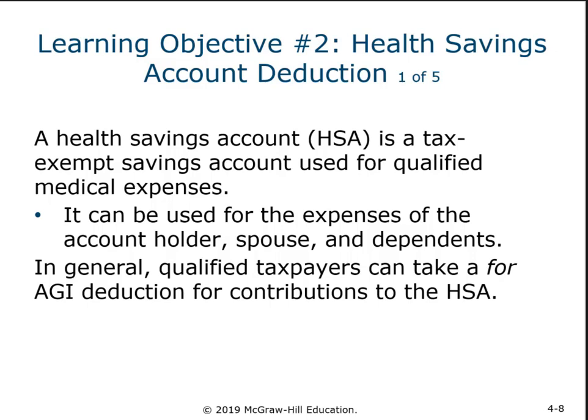And if you qualify, it has to be set up the correct way, it has to have a trustee, all that kind of thing. It can't be just, oh, that account is for my medical savings. It has to be set up a specific way. Then you can deduct the amount you put into it as a for-AGI deduction.